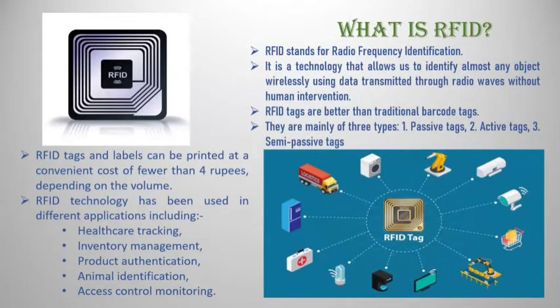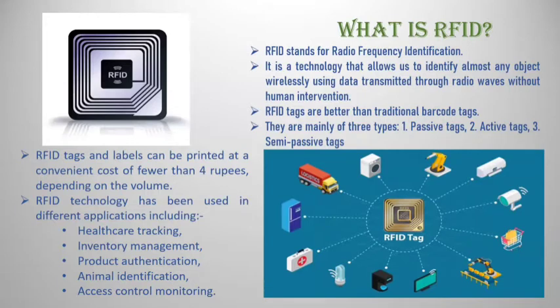What is RFID? RFID stands for Radio Frequency Identification. It is a technology that allows us to identify almost any object wirelessly using data transmitted through radio waves without human intervention. RFID tags are better than traditional barcode tags because radio waves capture the electronic product code information rather than an optical scanner.